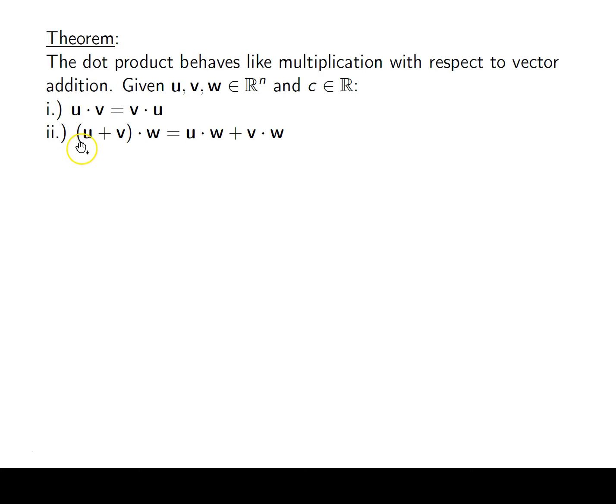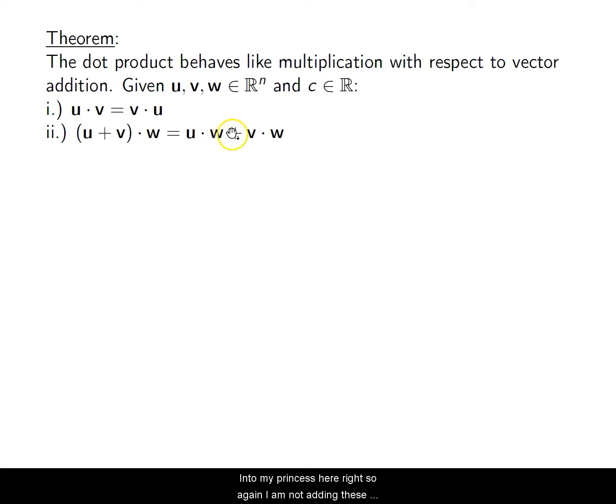If I add u and v together and then take that dot product with w, remember the dot product gives me a scalar, so this will be a vector, this is a vector, and when I take their dot product together, I will get a scalar value. That will be the same thing as if I were to distribute this dot product into my parentheses here.